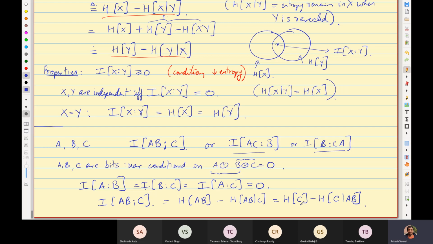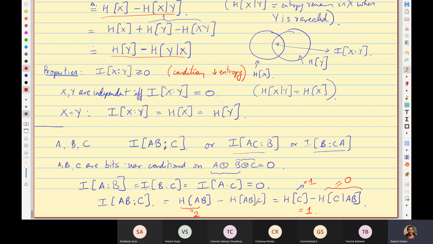Simply because I know that H of C is equal to 1. And given A and B, C is completely determined because their XOR has to be 0. So once I give you A and B, C is known. So this entropy of C given AB is equal to 0. There's no uncertainty left. So this is equal to 1. If you went to evaluate the other way, you would have to compute H of AB, which is equal to 2.